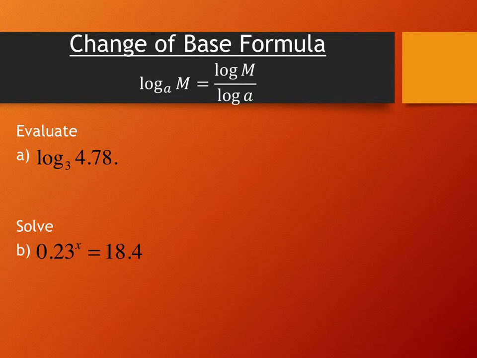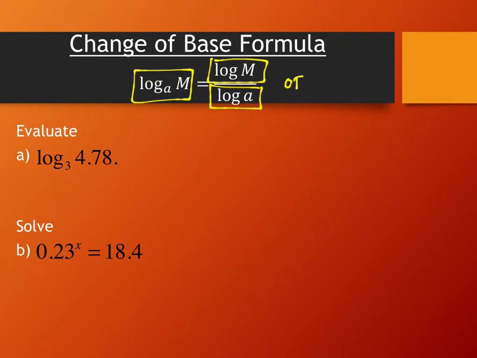Okay. Well, what we're going to do now is what's called the change of base formula. And the change of base formula allows us to take something that's written in this form, log base a of m, which is an exact representation, and to make a ratio that our calculator can work with and understand. So the change of base formula says that the log base a of m is the same as the log, like the common log of m, divided by the common log of a.